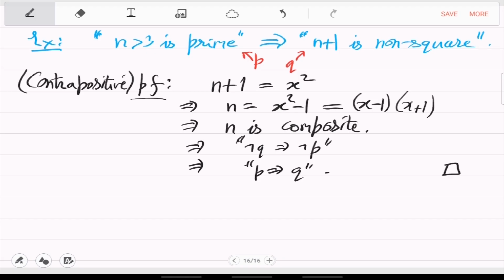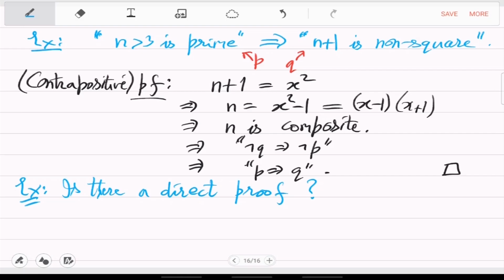Is that clear? That's a contrapositive proof. The exercise is, can you do this directly? Can you start with prime and then understand primes enough so that you can show n plus 1 is not a perfect square?